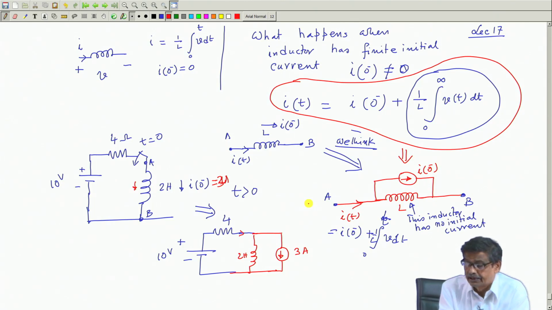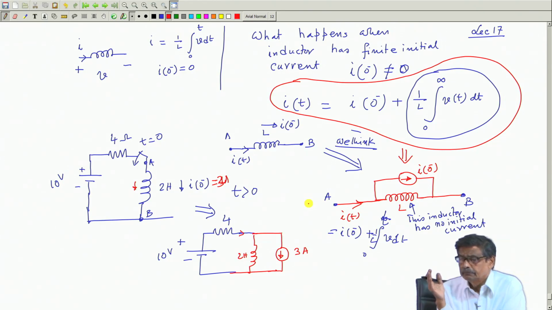Then we discovered that the inductor indeed will be linear provided there is no initial current in it, because the principle of homogeneity must be satisfied. If applied voltage is 0, current must be 0. So, I 0 minus equal to 0, then there is no problem, fine.